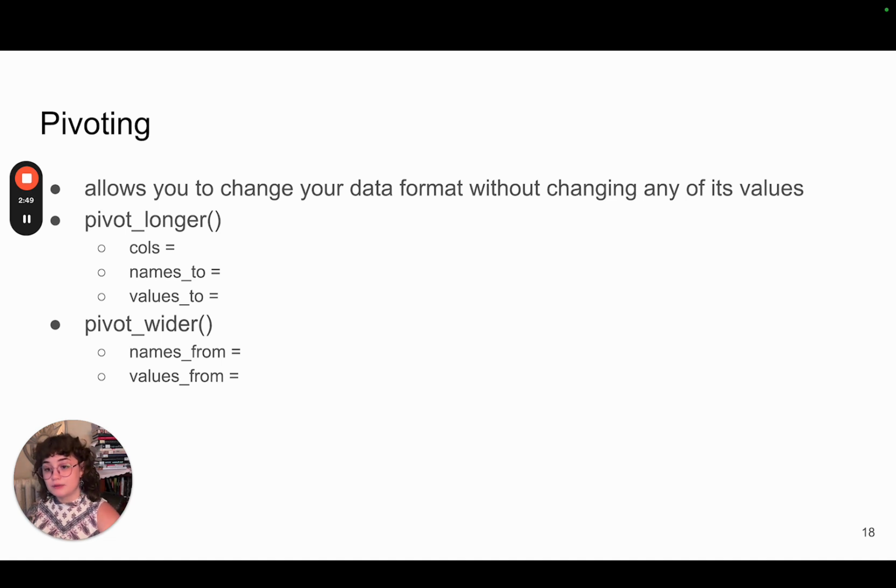And for the arguments for this, you need to have columns, names to, and values to. And then pivot wider. That's the opposite, where you have multiple rows that represent the same thing. We need to instead have more columns. For this, you need to have the arguments names from and values from.